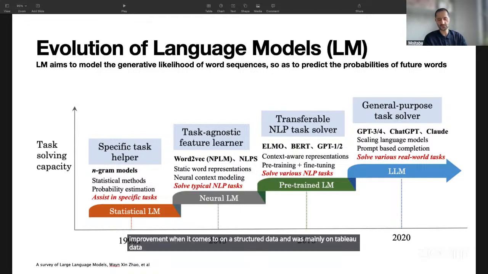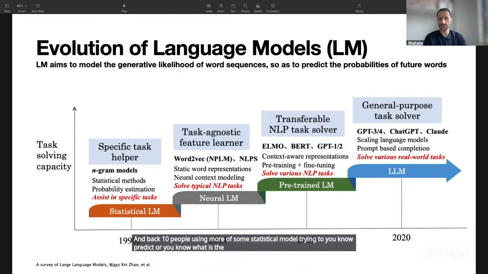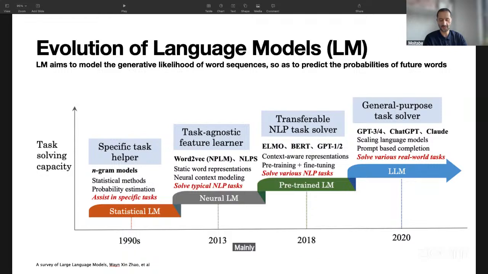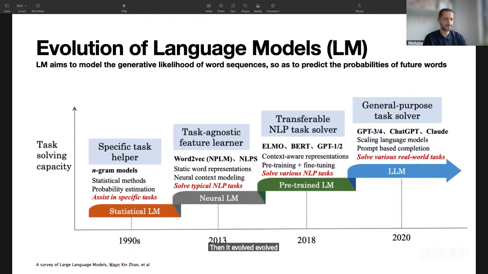Back then, people were using some statistical models trying to predict the likelihood of a word given all the previous words. But around 2012 or 13, it picked up the pace, mainly because of some development in deep learning models. More specifically, in 2013, they managed to use a shallow neural network to bring more context to the words. Then it evolved in 2018 or so.